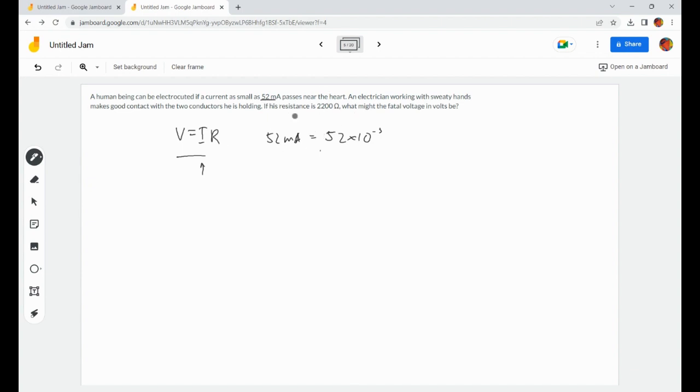And then we have a resistor already, so it's very simple. It's 2200 multiplied by 52 multiplied by 10 to the negative 3, which equals V volts. And that should equal the answer by equation definition. And if I want to explain this, I don't know how to do it, so don't even ask.